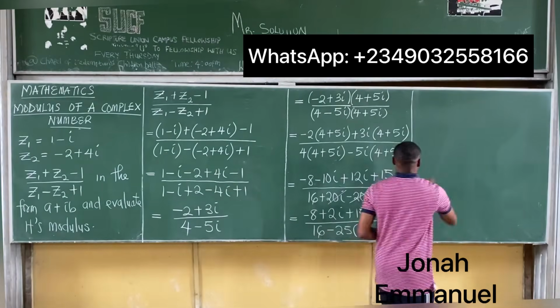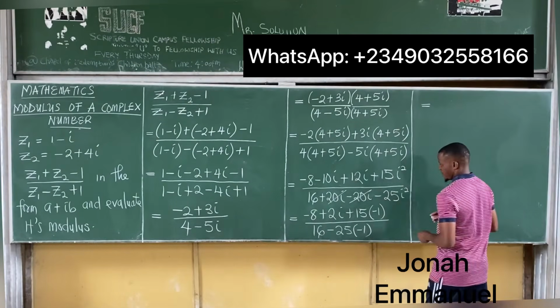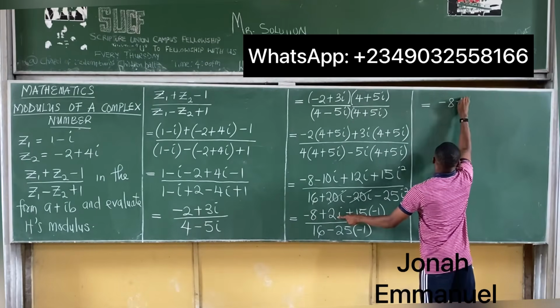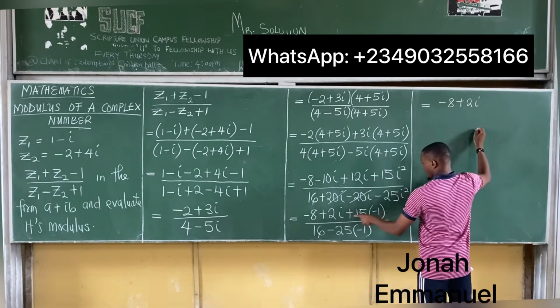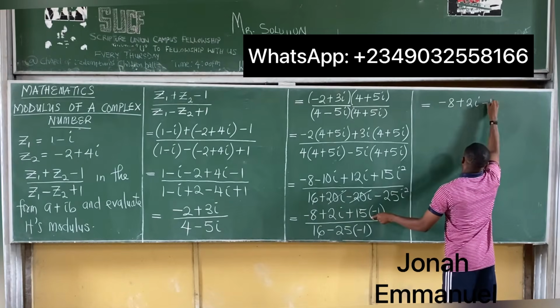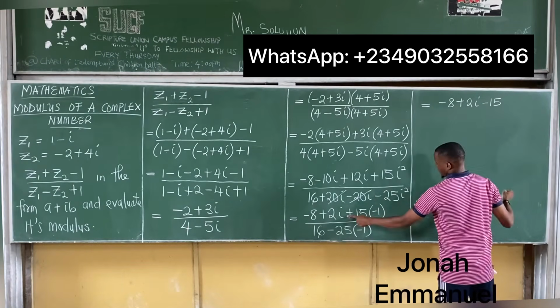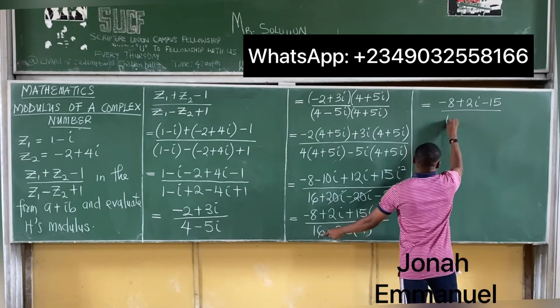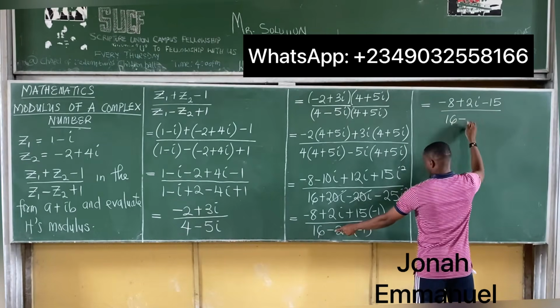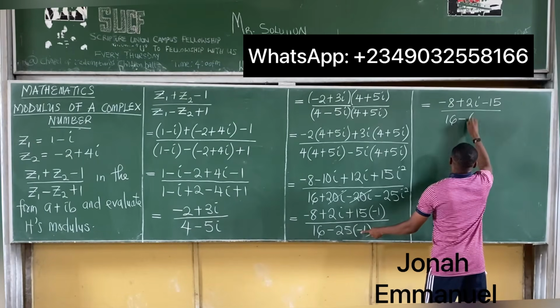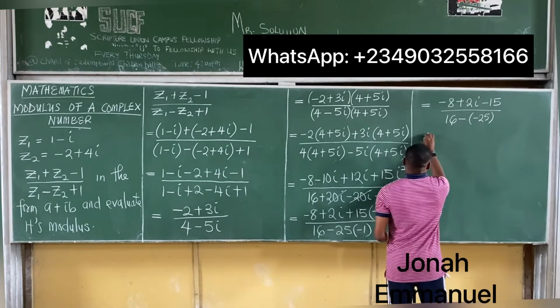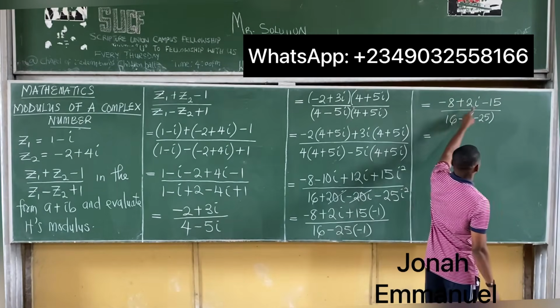All right. So this is equal to, I'm having minus 8 plus 2i plus 15 times minus 1, that's minus 15, all over 16, minus 25 times minus 1 is plus 25. So I have this. If I work this out, take out the real parts here.